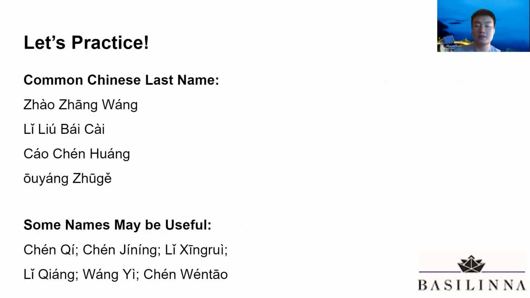The first practice part would be some common Chinese last names. This is very common in Mandarin. So first one, zhao. Second one, zhang.